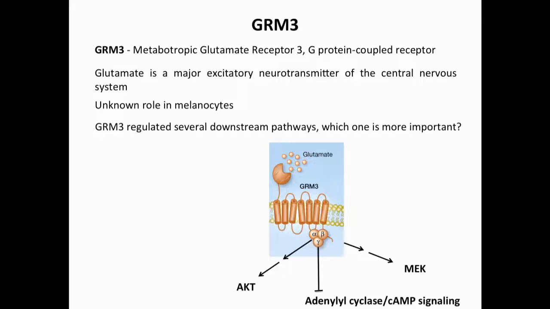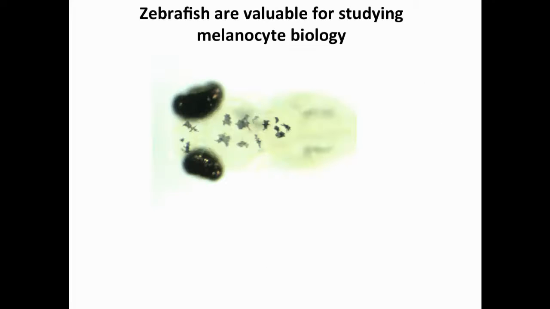This glutamate receptor 3 is able to regulate several downstream pathways, such as AKT, cyclic AMP signaling, and MEK, but we don't know which one is the most important. So we take advantage of our favorite model, zebrafish, which, as you know, is a valuable tool to study melanocyte biology.